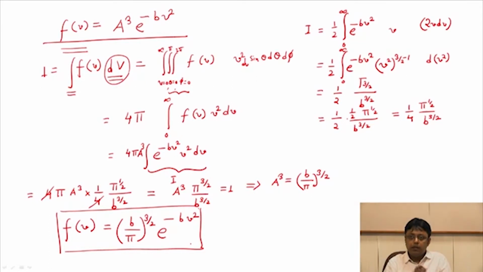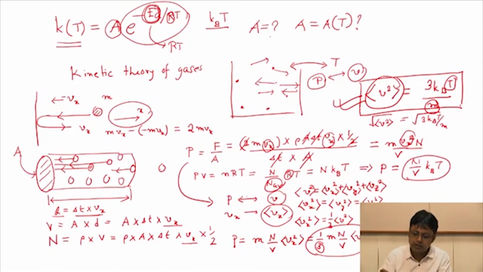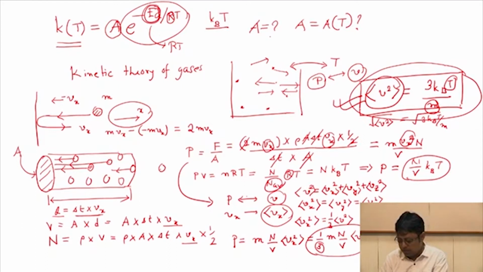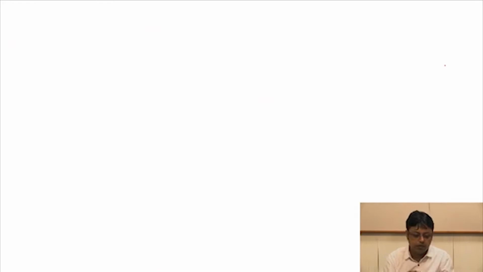To evaluate b, remember that we said we will also take help of the fact that the average value of v square will be nothing but 3 kB T by m. We'll just use this fact from the kinetic theory of gases. Now how will you calculate v square average from this function?